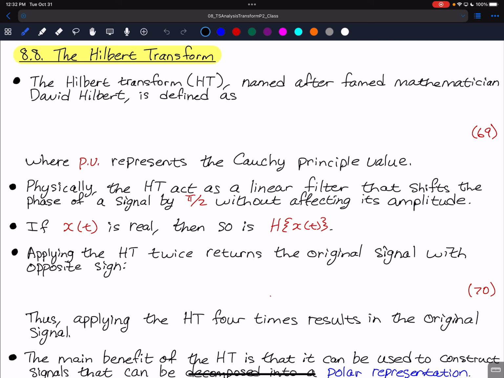All right, so the Hilbert transform is named after the famous mathematician David Hilbert. He's got his hands in almost everything in modern math at least.